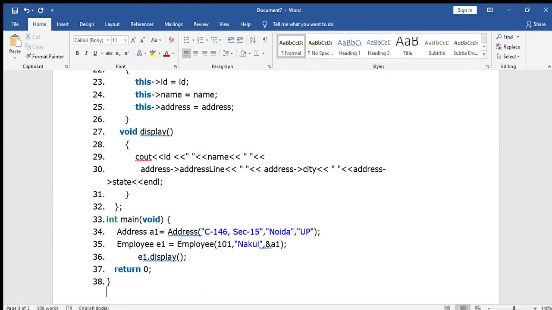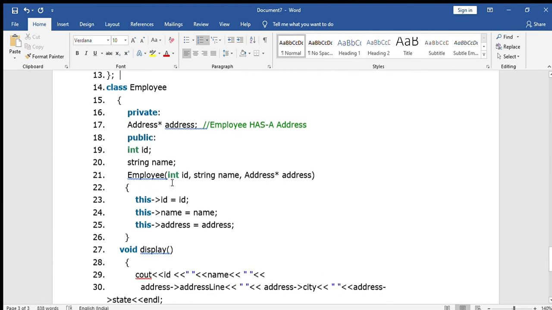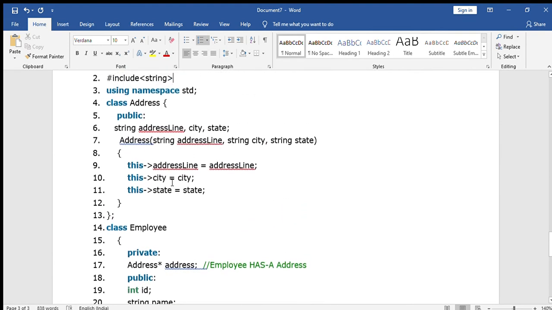So calling one class's information from another class, that topic is called aggregation. And this program was already kept in your group yesterday. Just copy that program and do the practice. Aggregation is nothing but delegation: creating an object and calling a class's objects in another class by creating an object.